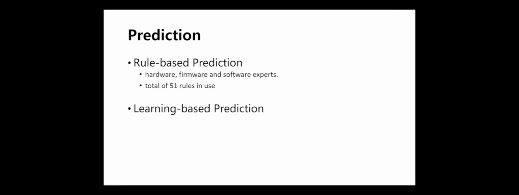Then the second part is prediction, which includes two resources, the rule-based prediction and the learning-based prediction. The rule-based prediction works best for definitive signals that indicate some issues with high confidence.